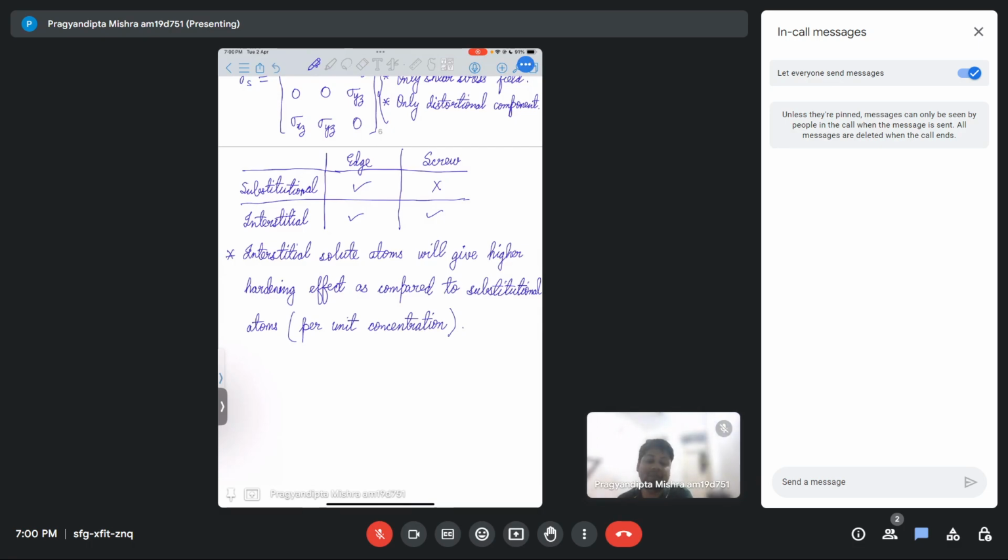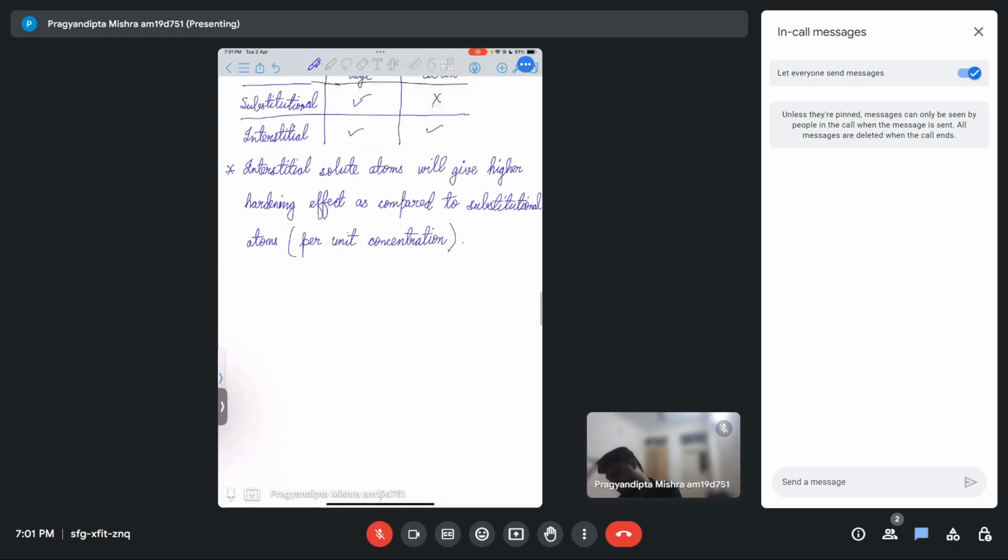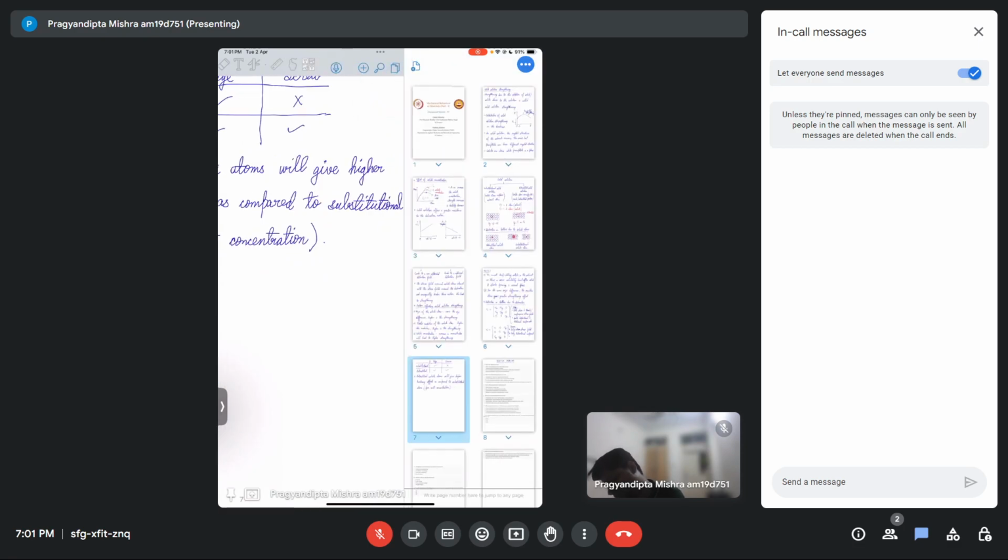So where would these atoms typically go and sit? If the solute atoms are interacting with a dislocation, where are they essentially going and sitting? Let's look at it from the perspective of what happens in and around a dislocation. Let's add a few more pages.